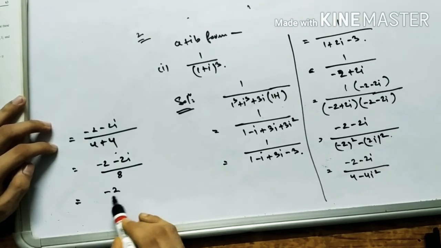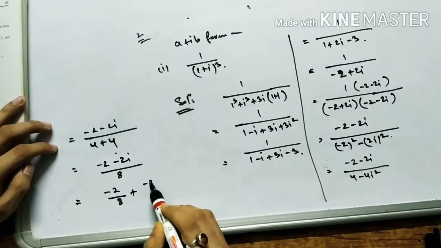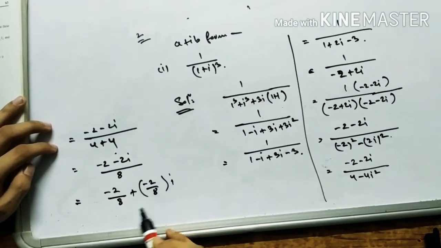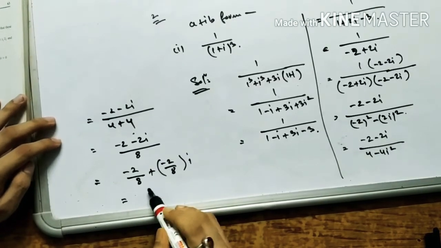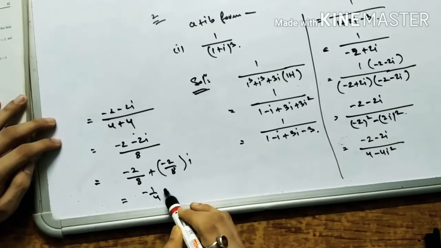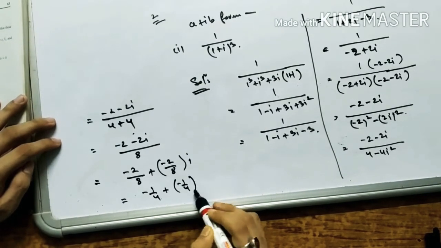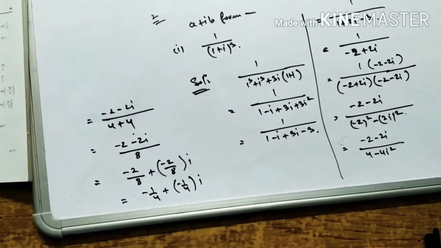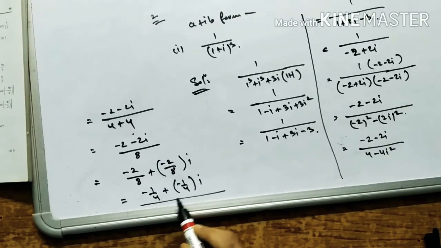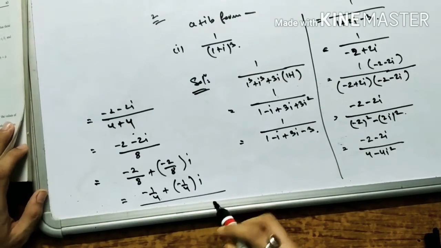I can write it as minus 2 by 8 plus minus 2 by 8 into i, which ultimately gives me minus 1 by 4 plus minus 1 by 4 i. I have written it in the form of a plus ib. Let me check the back answer. Yes, minus 1 by 4 minus 1 by 4 i.